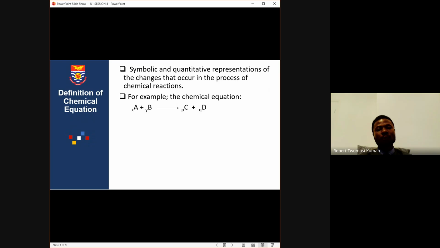And so for a chemical equation of the form AX plus BY going into CP plus DQ, this equation that we have has two components. One component is the reactant. The other component is the product.